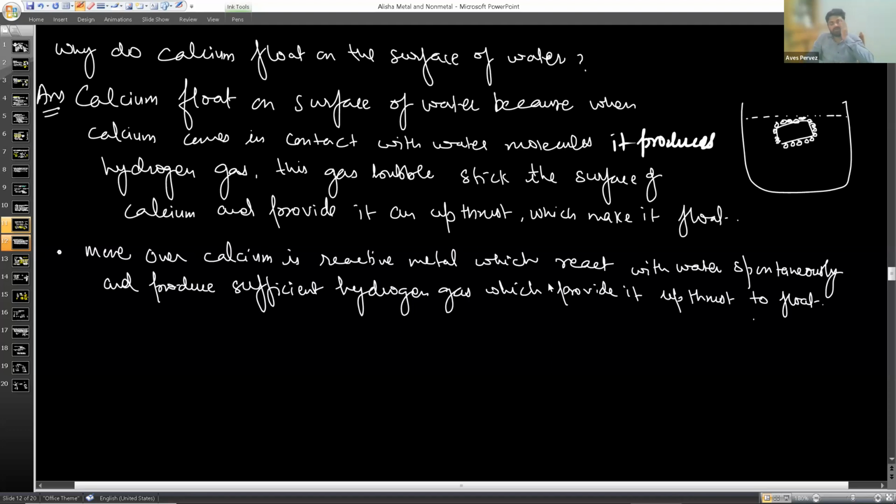Calcium floats on the surface of water because when calcium comes in contact with the water molecules, it produces hydrogen gas, and the bubbles of this gas stick to the surface of the calcium, which provides it an upthrust to make it float.